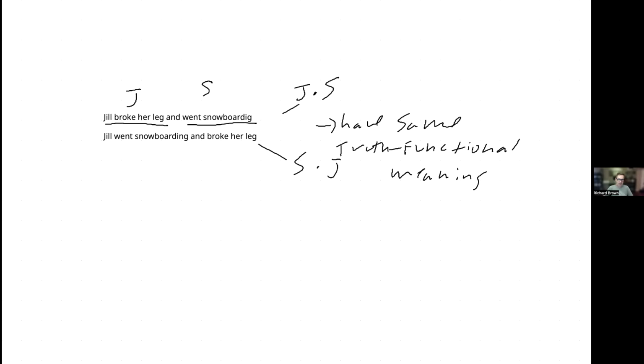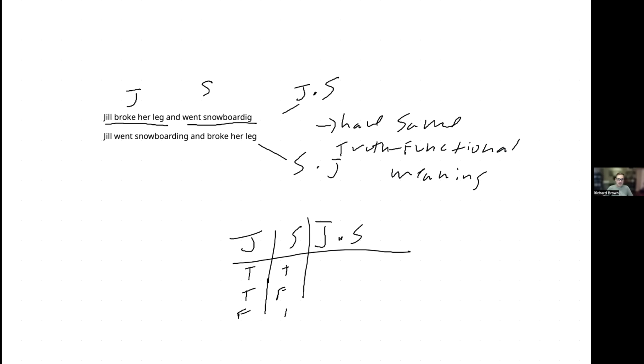So just to quickly prove it, if we have J and we have S, and then we have J dot S, and we apply the truth table here, true, false, false, true, false, false, then we'll see that J dot S is true here, false here, and false here.